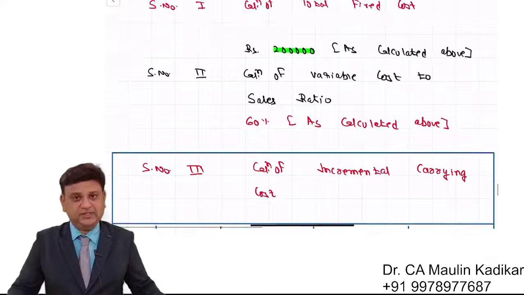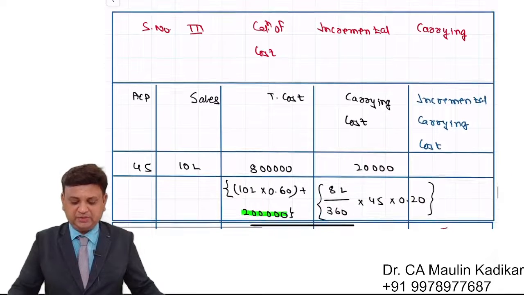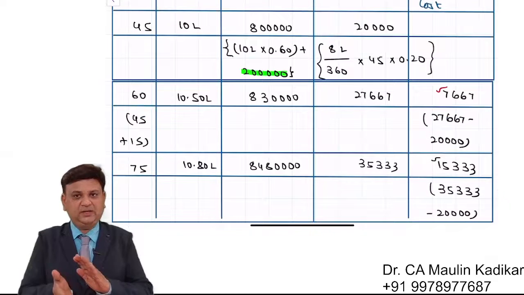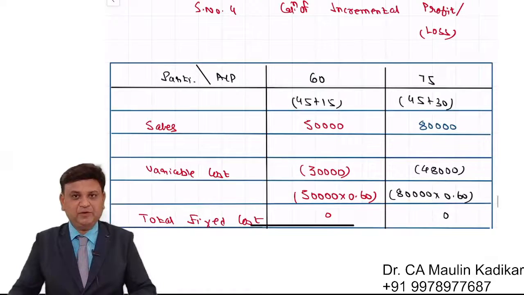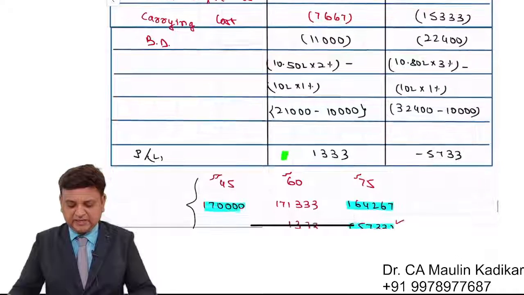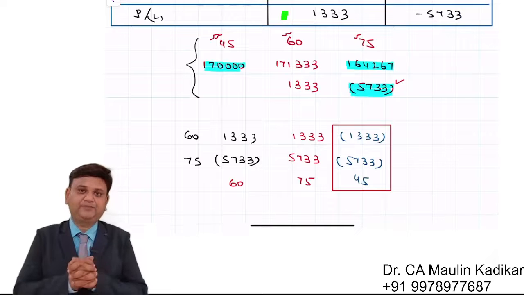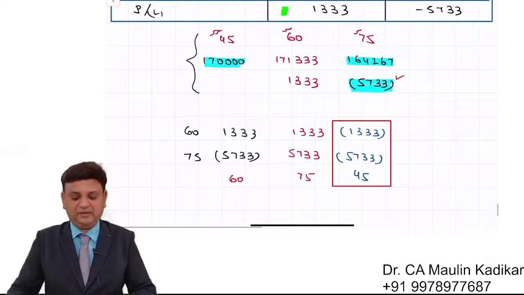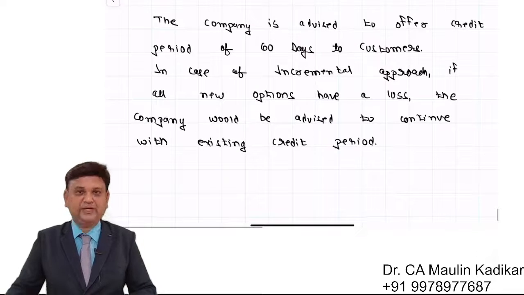Total fixed cost 2 lakhs, variable cost to sales ratio 60%, incremental carrying cost, new over existing, incremental profit loss, new credit period, values are compared with the existing one to find what is the change. Credit period having profit is selected and loss is not selected. This is the way we are required to write the final answer.